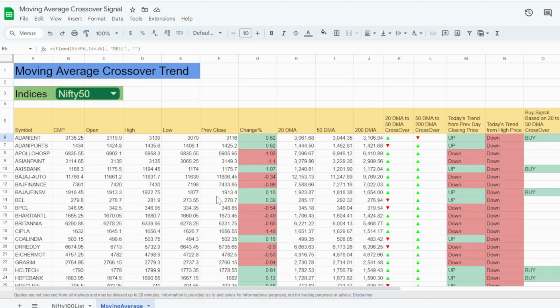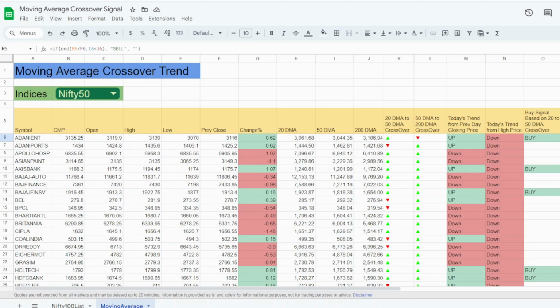See, we have so many thousand stocks, and we cannot track all the stocks at once, right? So using this sheet, we can narrow down our list, whether you want to do intraday, short-term trading, or long-term investment. For narrowing down, I have created this list.